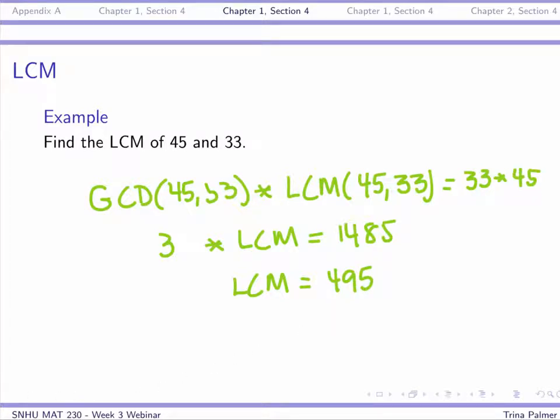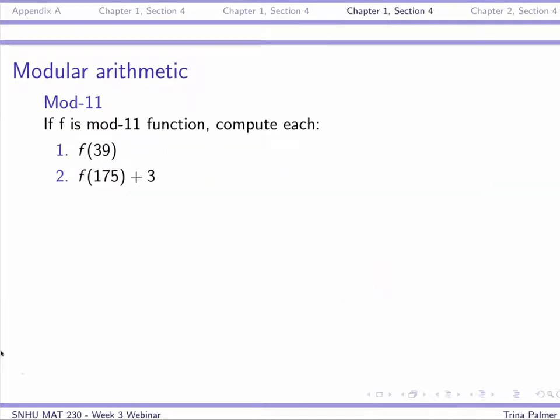Okay, so then the next kind of is modular arithmetic. So here we have an example with a mod 11 function. So really that just means, like they often call it clock arithmetic. So if our clock only went to 11 and then repeated itself again, that's kind of what's going on.